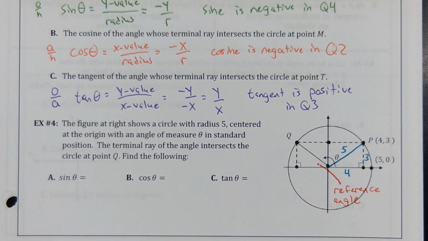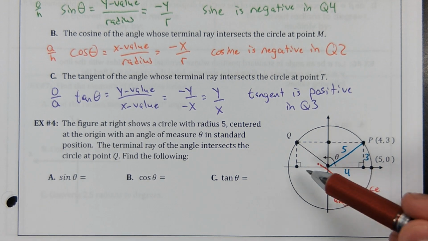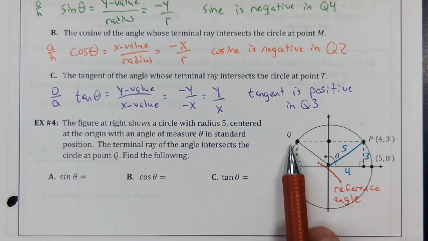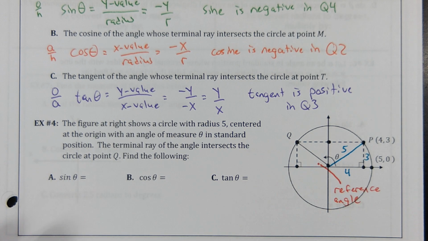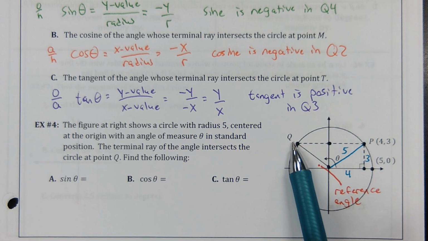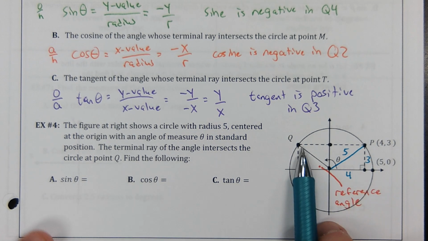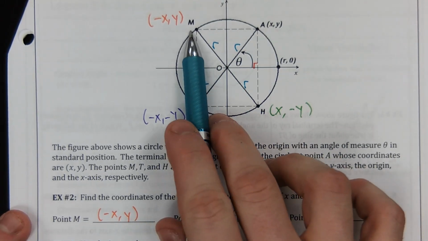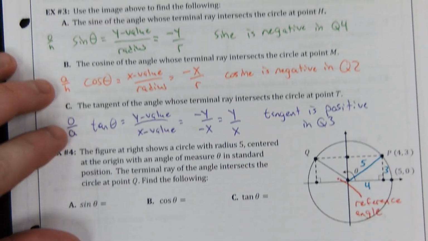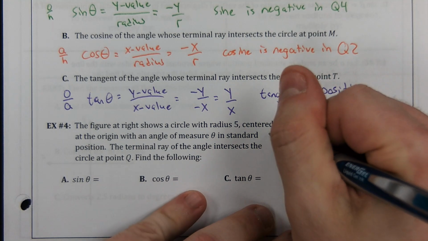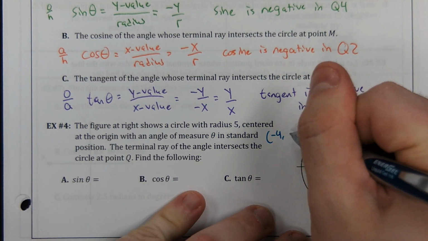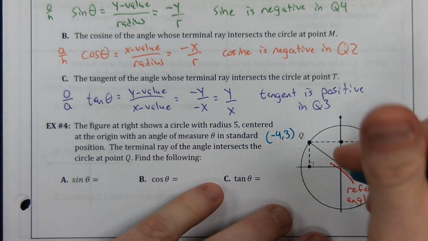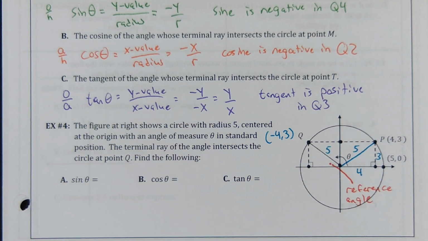We still reference the x, the y, and the r associated with this triangle. And since it's just a reflection, we actually know the coordinates of point Q. Just like before, all that happens is x becomes negative. Point Q has coordinates -4, comma 3, and the radius is still a 5.